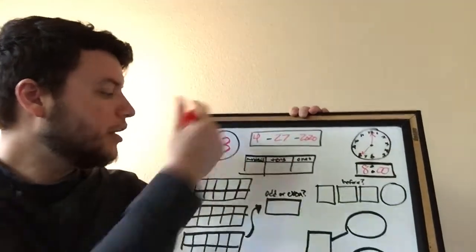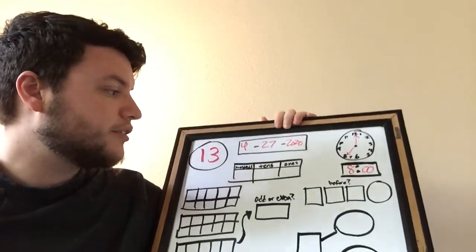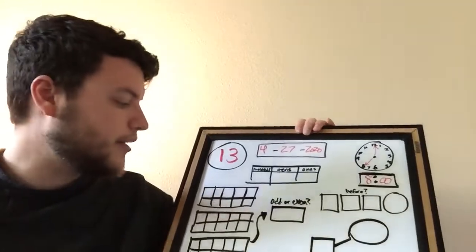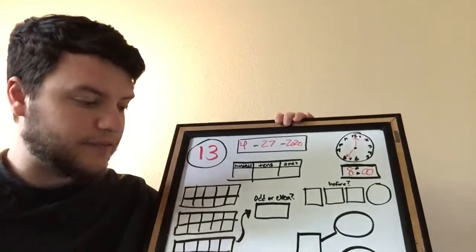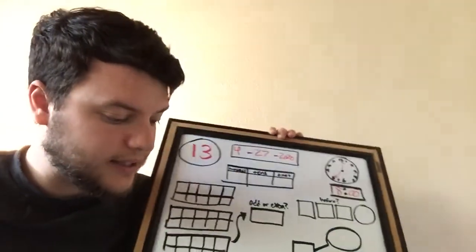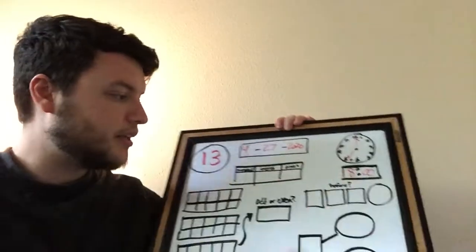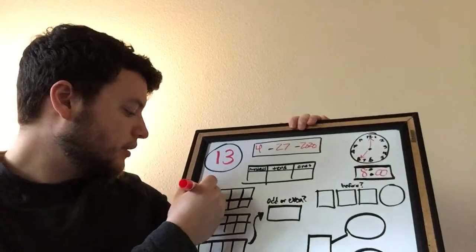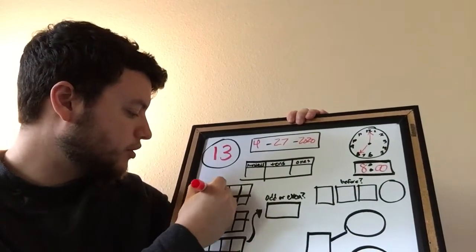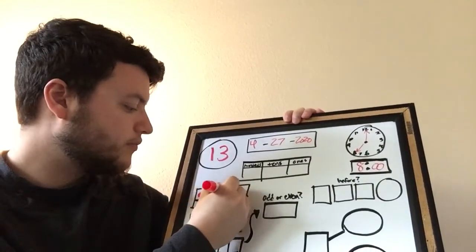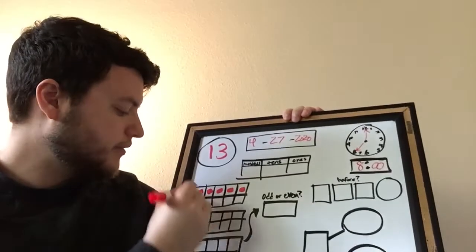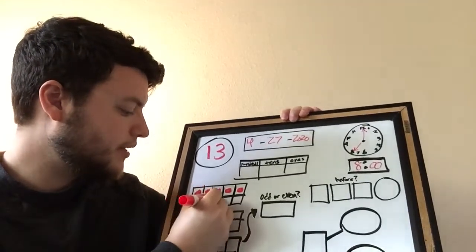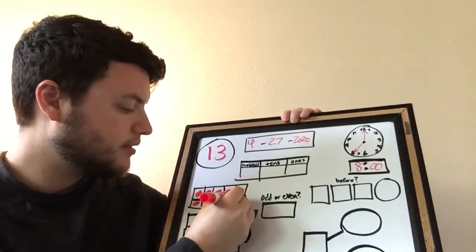But our number of the day is 13. So let's think about that number. I'm going to jump down to the 10 frames here, and that's going to help me out with some of these other parts. So let's fill it in. 1, 2, 3, 4, 5, 6, 7, 8, 9, 10.